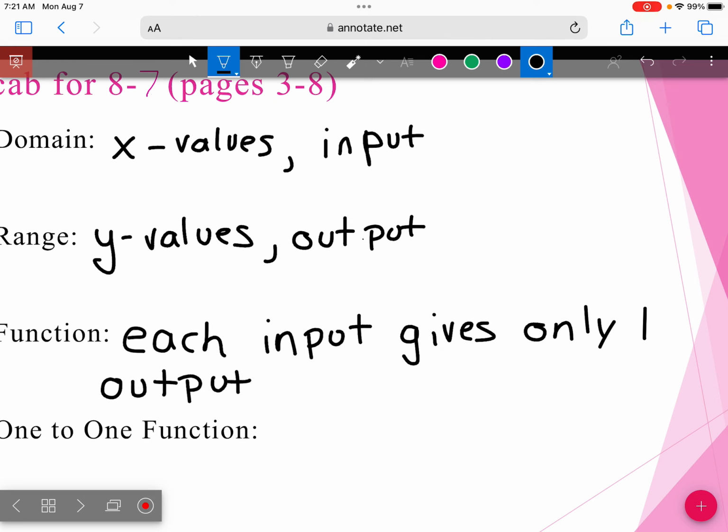Meaning, if I type in the number 2, I'm only going to get 7. It's never going to be that 2 gives me 4 or 7. Each input gives us only one output.